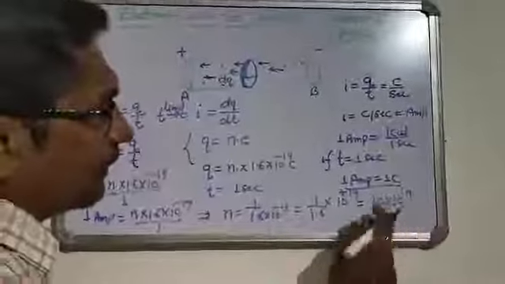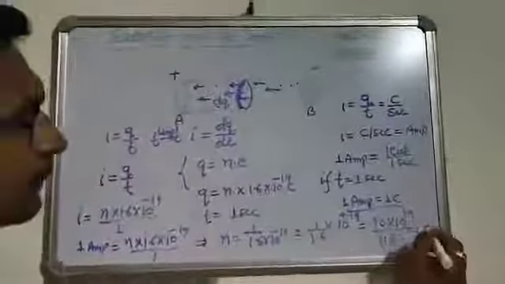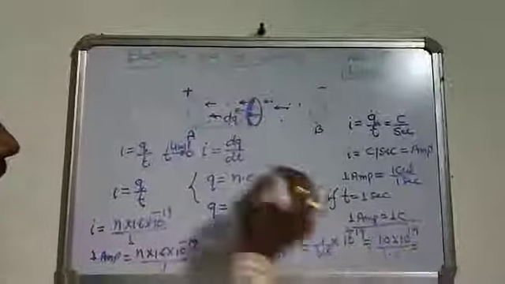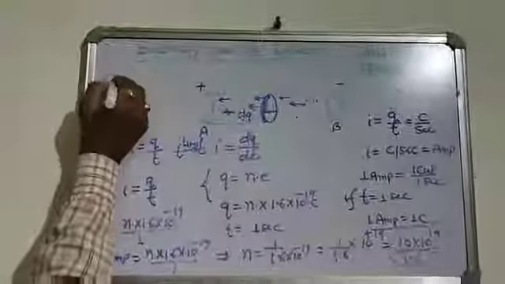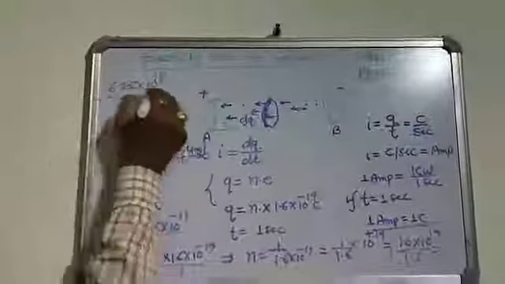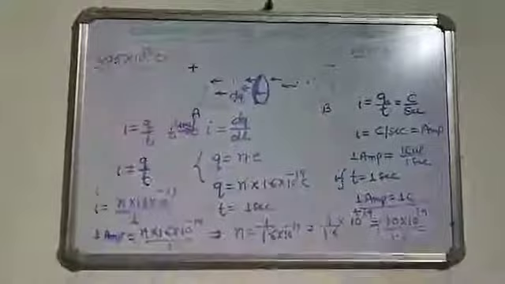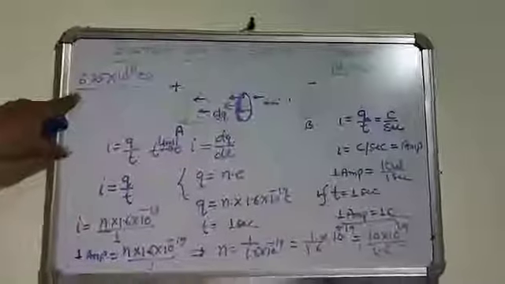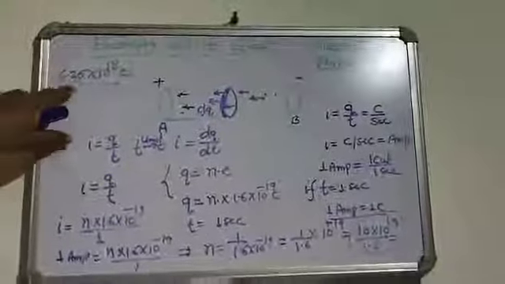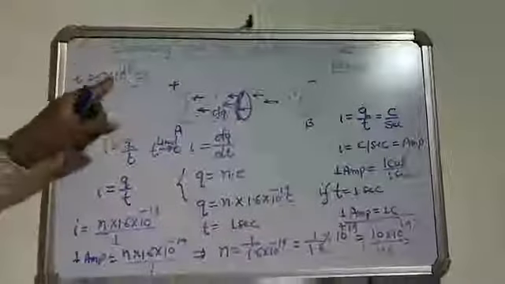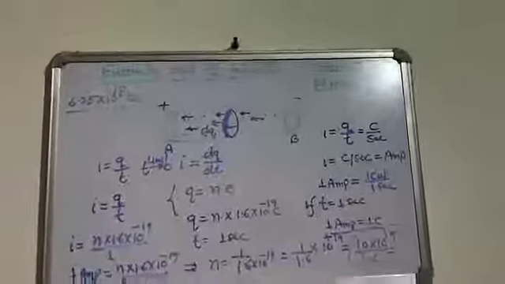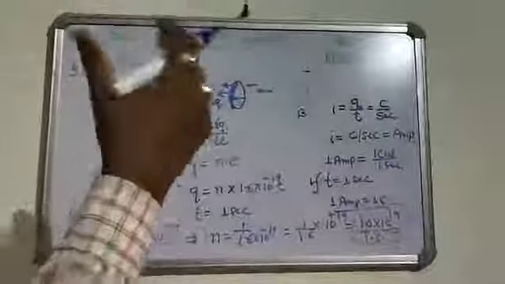After solving, we get this, I can write here: 6.25 into 10 to the power 18 electrons. Then here we see for 1 ampere current, 6.25 into 10 to the power 18 electrons are passing in 1 second. This number is very huge, very big.